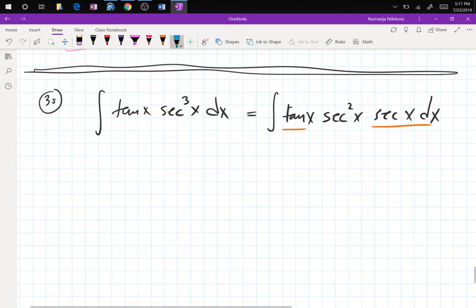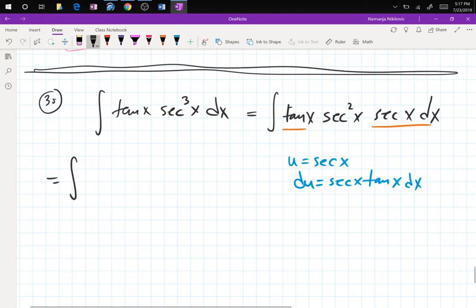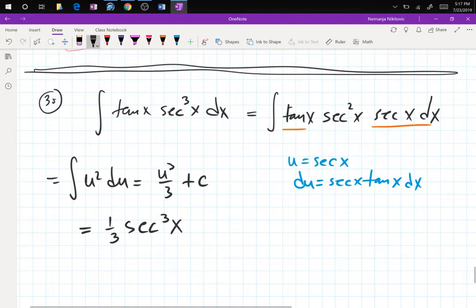For the substitution, u equals secant x, du equals secant x tangent x dx. So the problem simplifies into u squared du, which is u cubed over 3 plus c, and then 1/3 secant cubed x plus c.